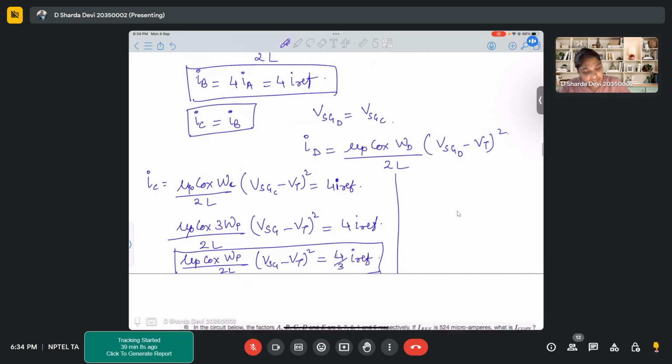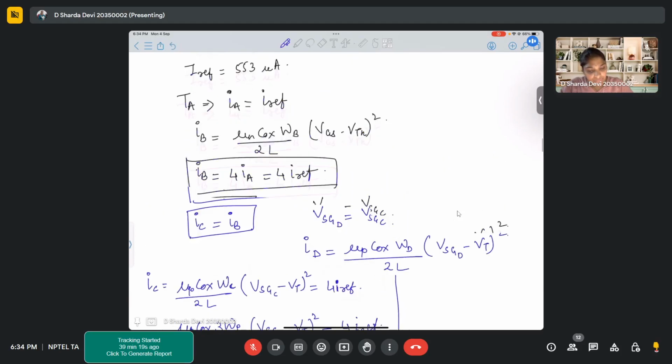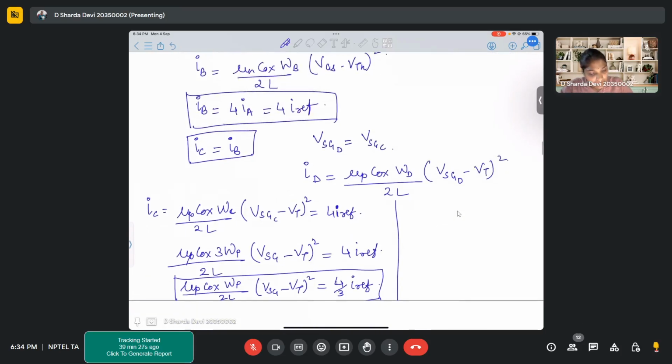Now coming to this transistor ID. Here we have mu P Cox WD by 2L (VSGD minus VT) whole square. Here WD is 1 times W2, or 1 times WP. So we can write it as mu P Cox WP into 1 by 2L (VSGD minus VT) whole square.